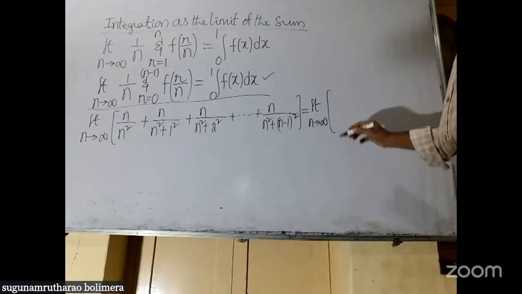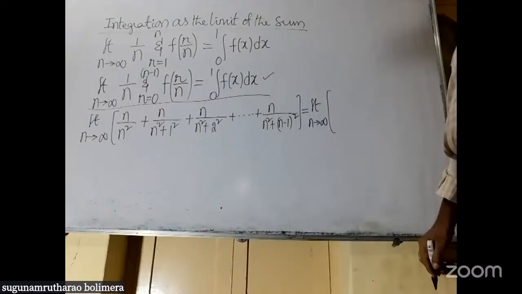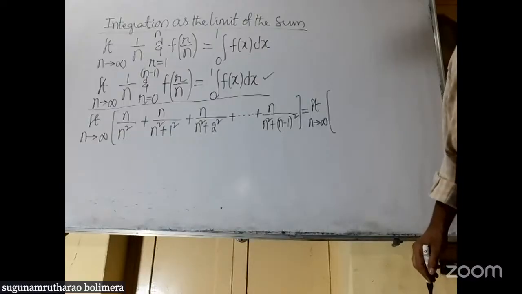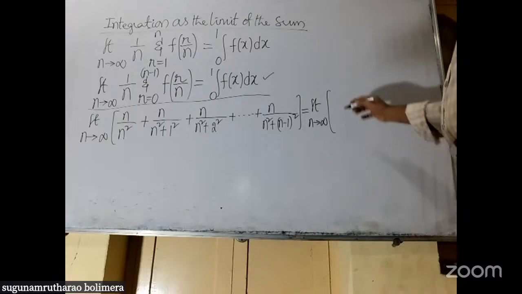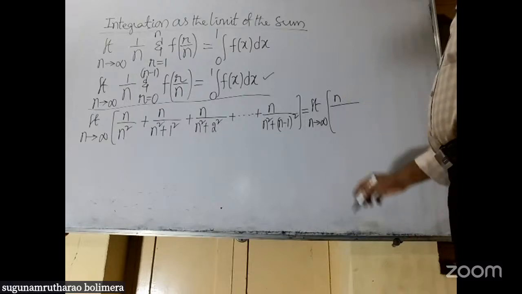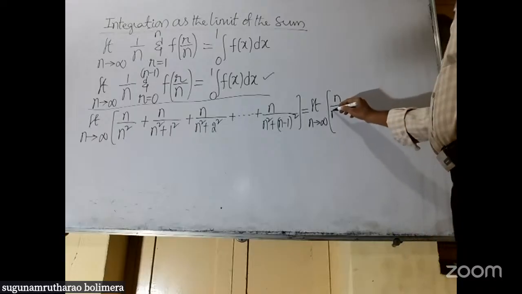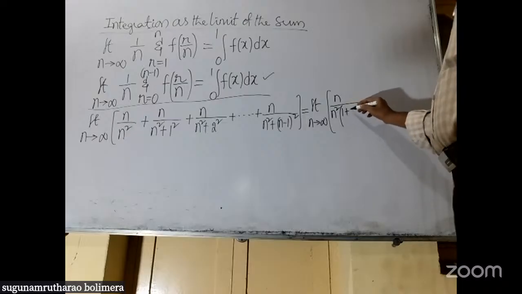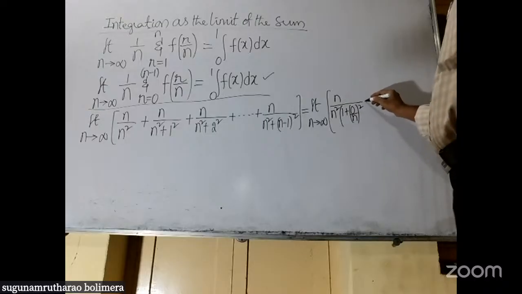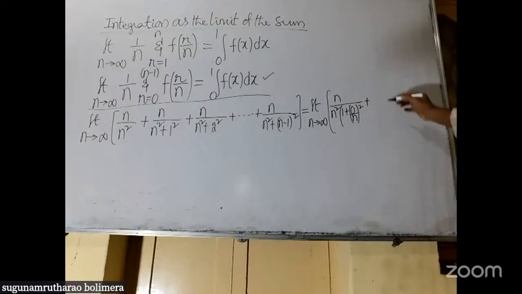From all the denominators, n squared can be taken common: n by n squared into 1 plus 0 by n whole squared, plus n by n squared into 1 plus 1 by n whole squared, plus so on.